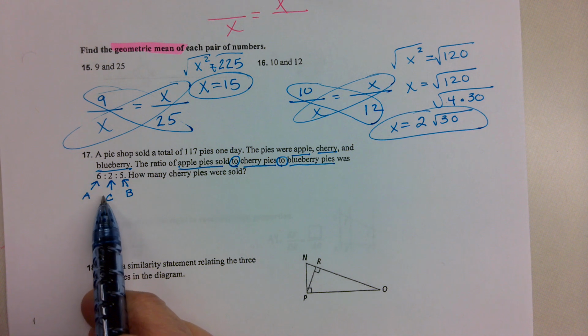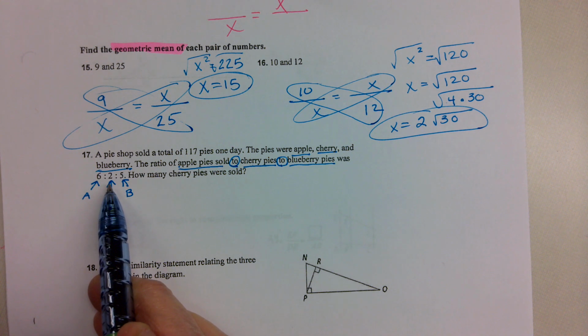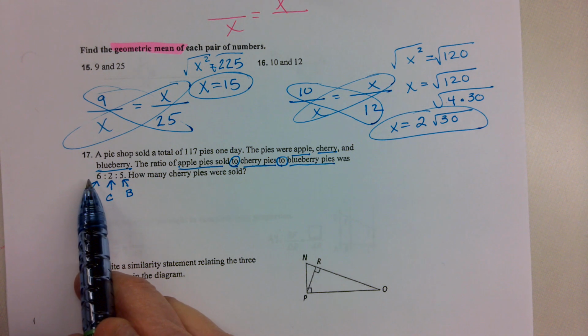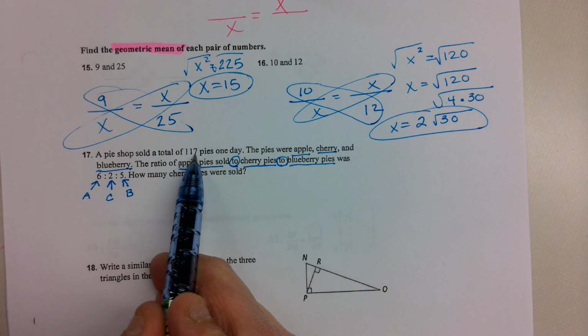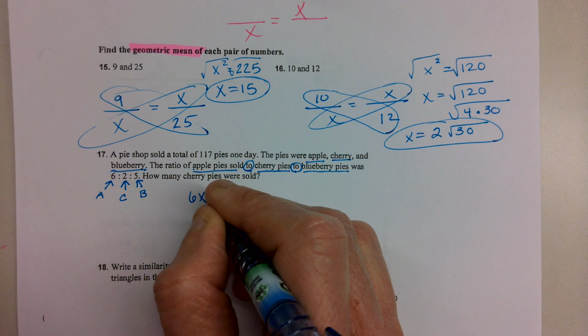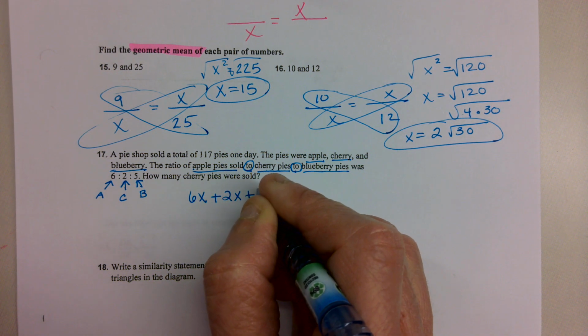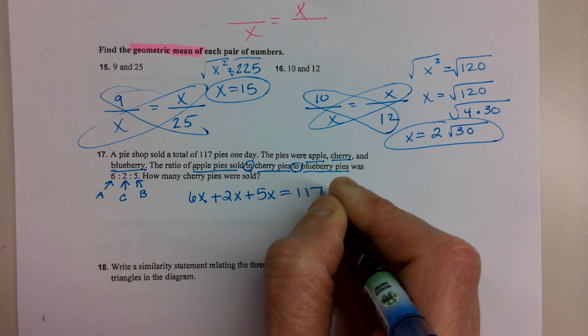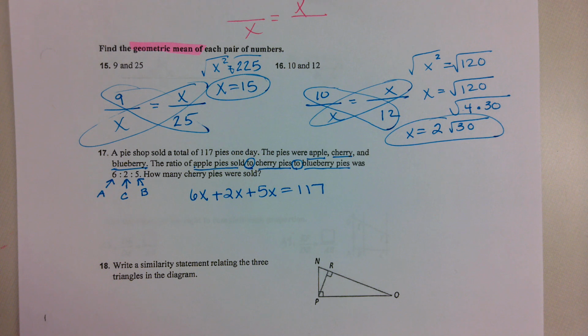So ultimately we need this one, and the answer is not 2, right? This is all a ratio, but we have it equaling 117. That's the total. So this is where you can put the x in there and set it equal to 117. It's just like number 2.